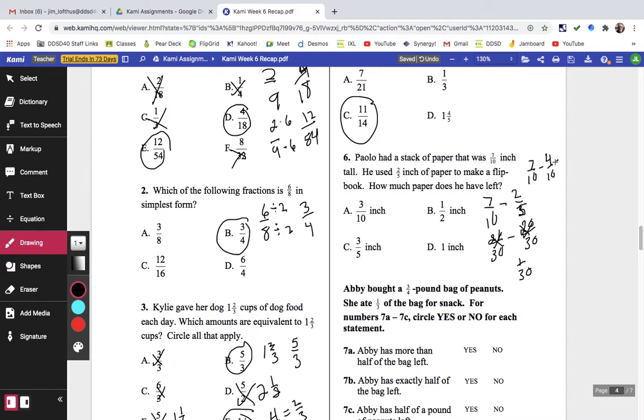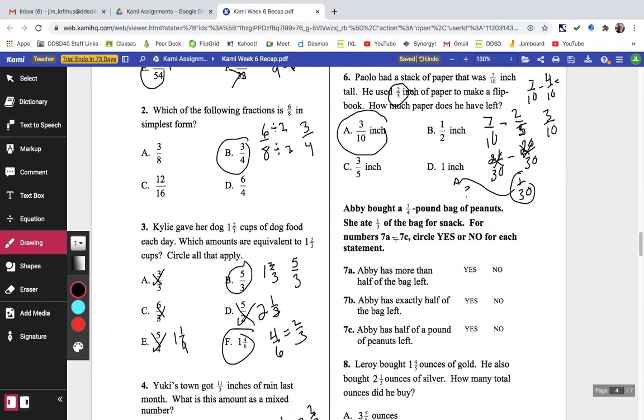And when we subtract that, we get 3/10. So I hope that you noticed that when I didn't have this answer right here, then that sent me back finding an error, which I found right there. So 3/10 of an inch.